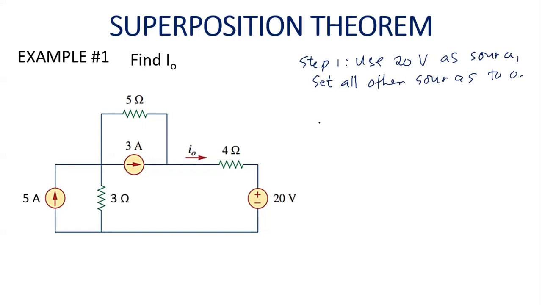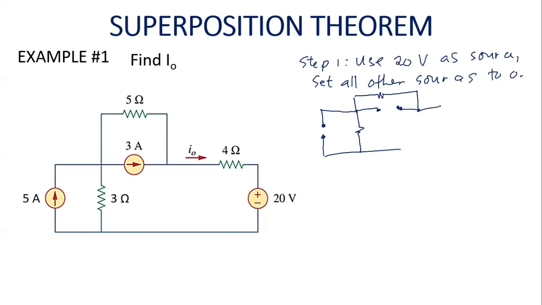By the way, how are we going to set the current source to 0? We disconnect the current source and leave the terminals open, or we simply replace the current source by an open circuit. So this is now its equivalent circuit. The 3 amperes is removed, and we have to consider the resistor across the 3 amperes.